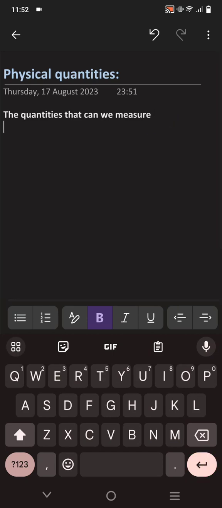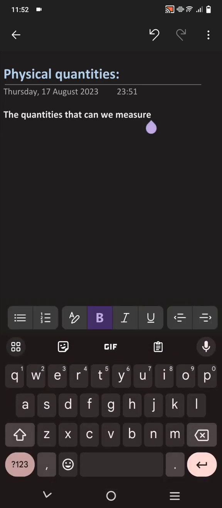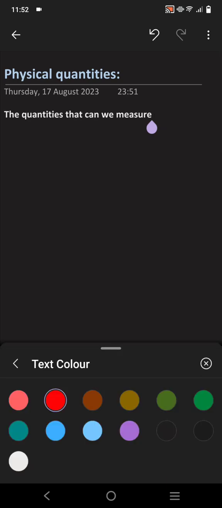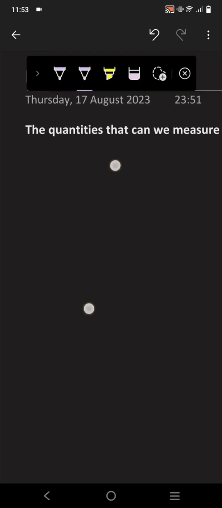Then we have the division of physical quantities. According to what? According to some conditions. So we're going to see that as well. The physical quantities are divided into two sections.